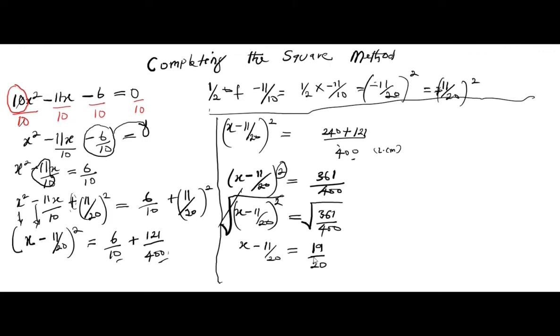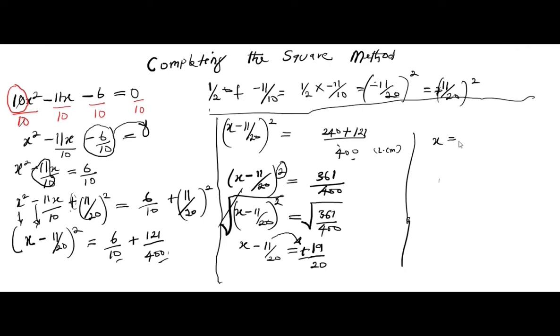So we have our x equals, this is plus or minus, because we can have positive 19 over 20 or negative 19 over 20, right? So x equals, when this negative 11 over 20 crosses this equality sign, it changes to positive.